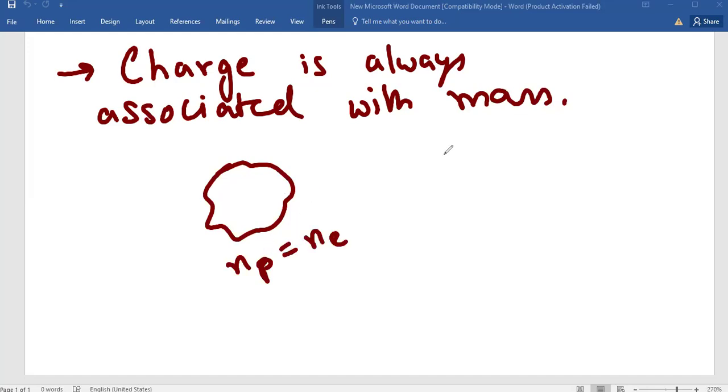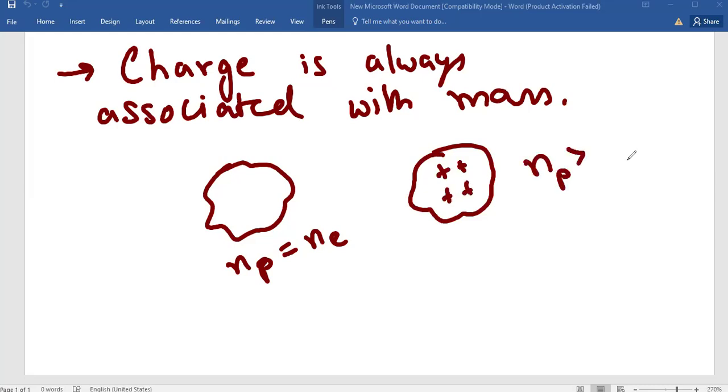But if one object is charged, let's say positively charged, that means the number of protons is greater than the number of electrons. Since we have some excess of protons, it will definitely have some mass. We cannot say that there is no mass associated with it.